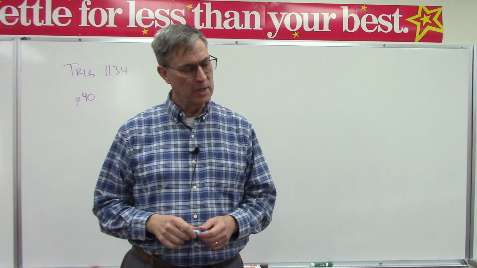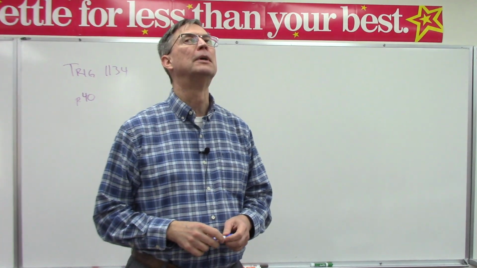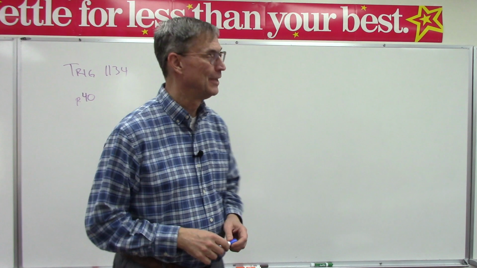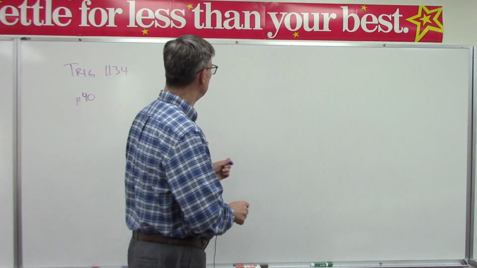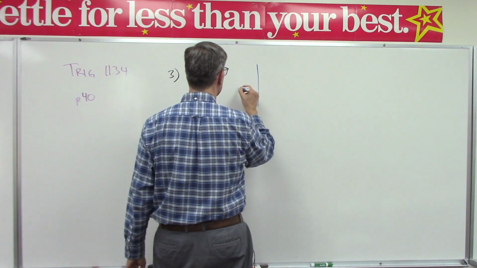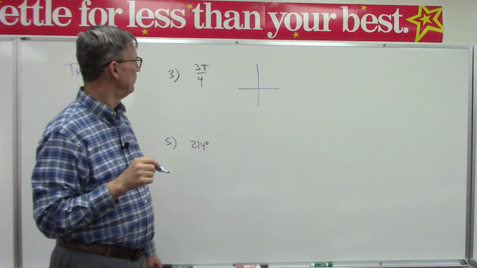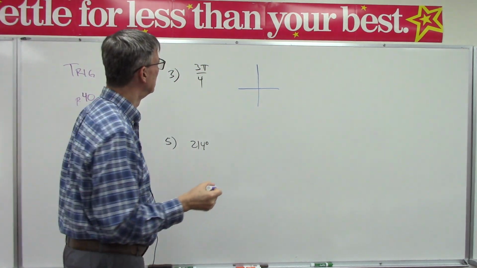All right, so let's take 3 pi over 4, and if we were to sketch that, if it was 4 pi over 4, that would just be pi, that would be 180 degrees, right?